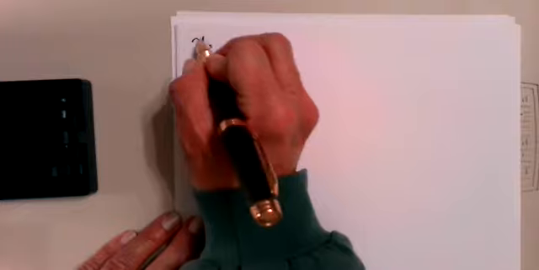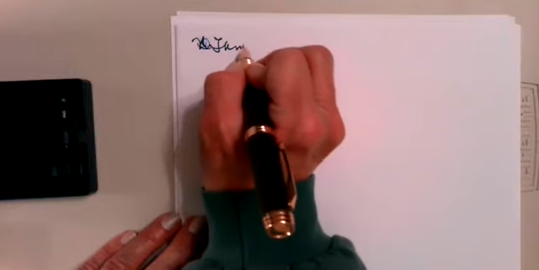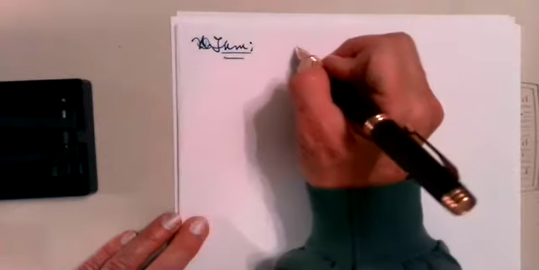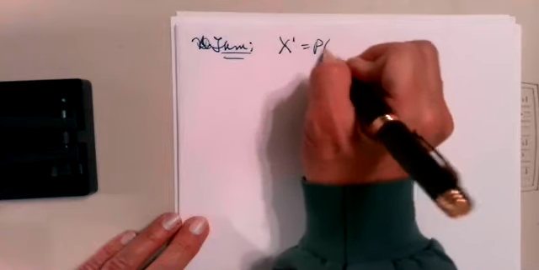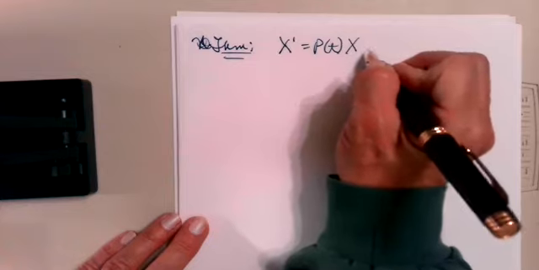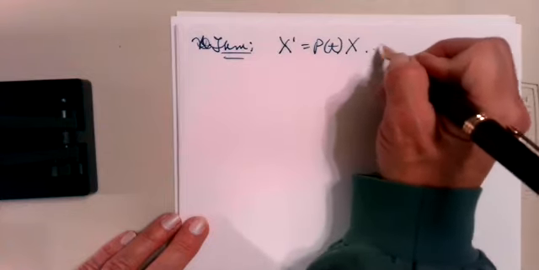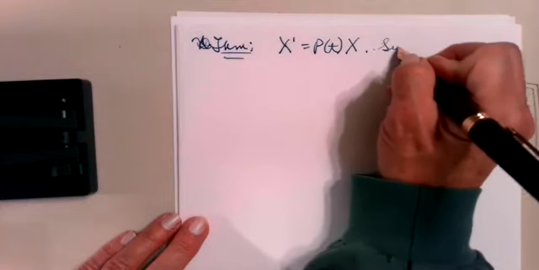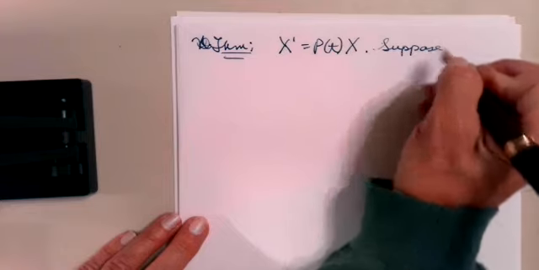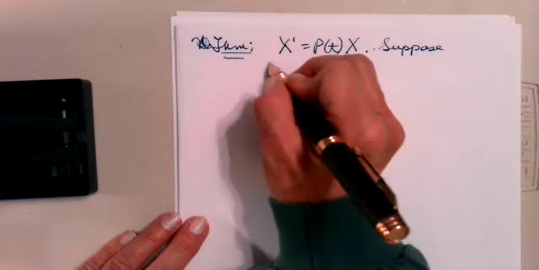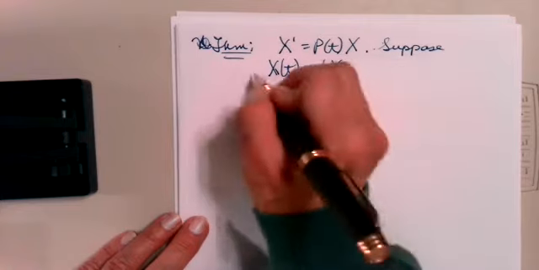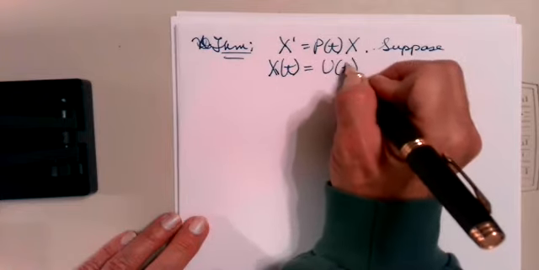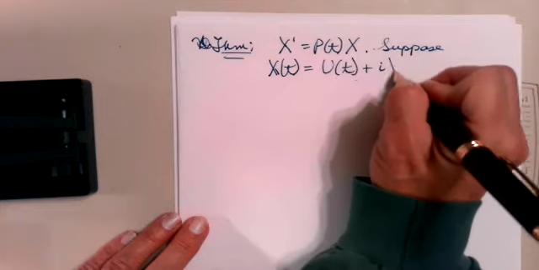Let's, I don't know if you want to call it a note, let's call it a theorem. Another theorem we have is, again, if you look at x prime is equal to P of t x, and suppose x is actually a complex matrix valued function.